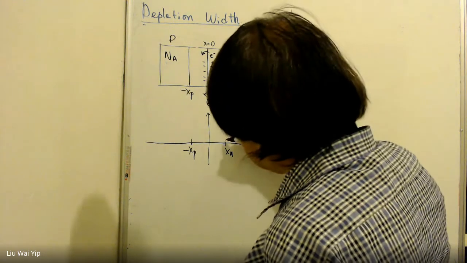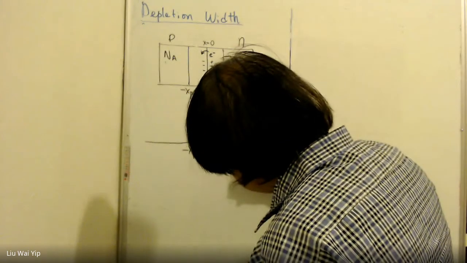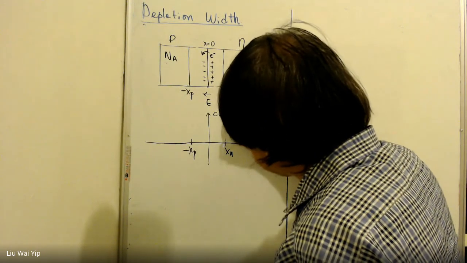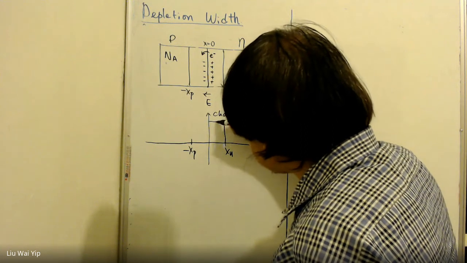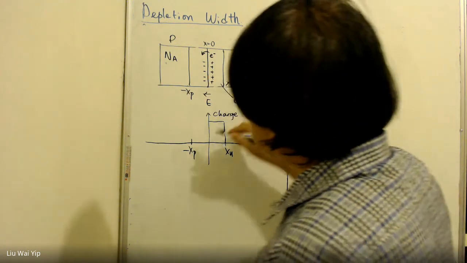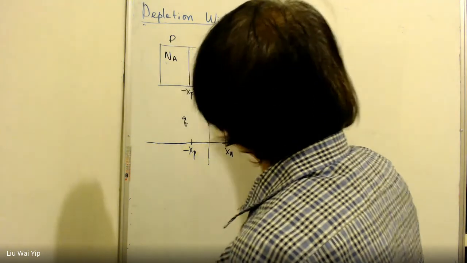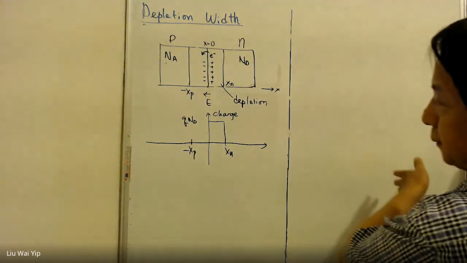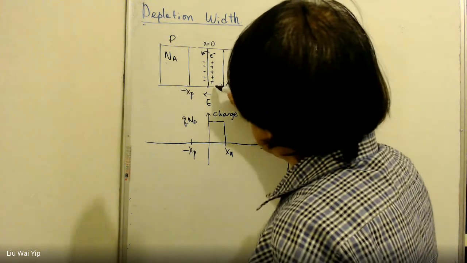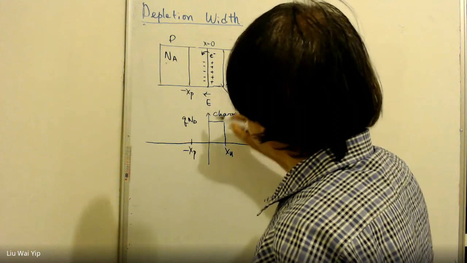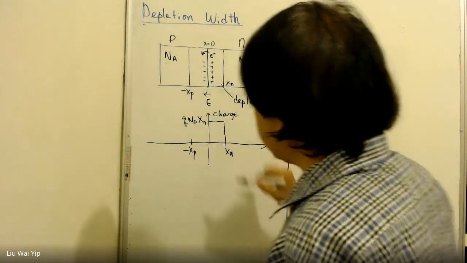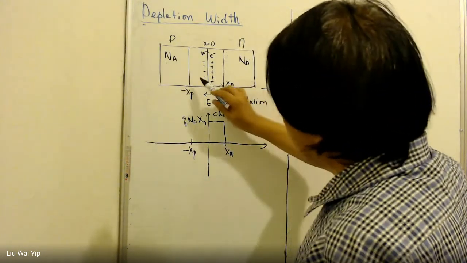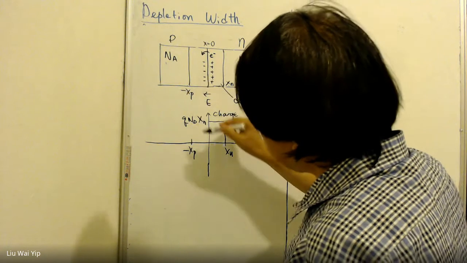Right at xn, we have a step increase. The charge here is q times Nd, and then xn. For exactly the same reason, we have surplus negative charge in the P region.